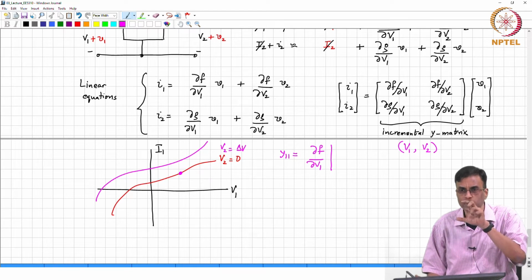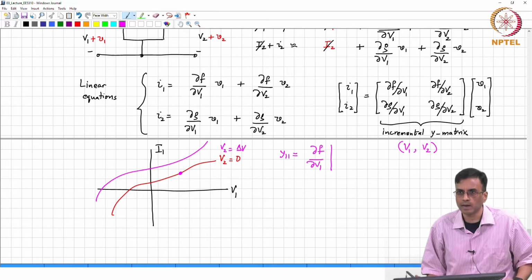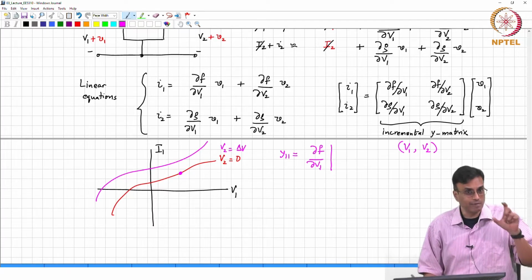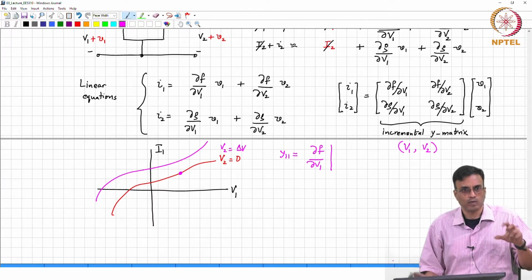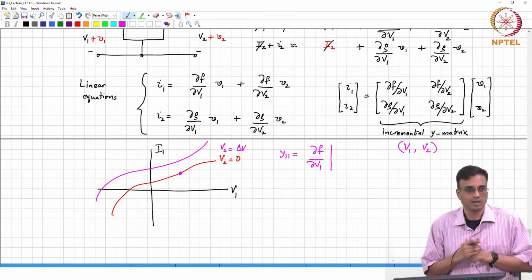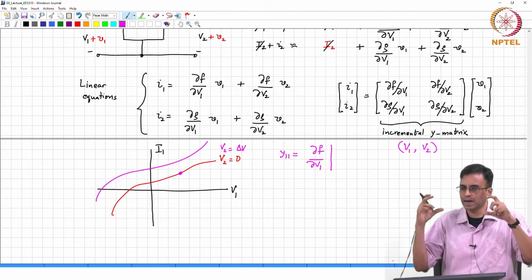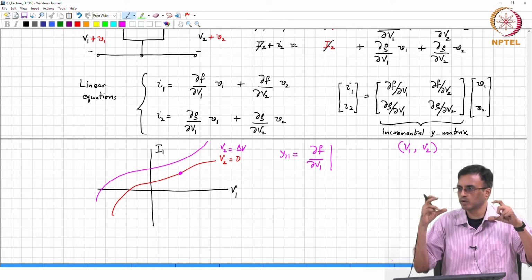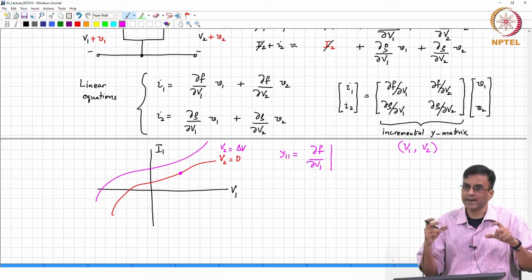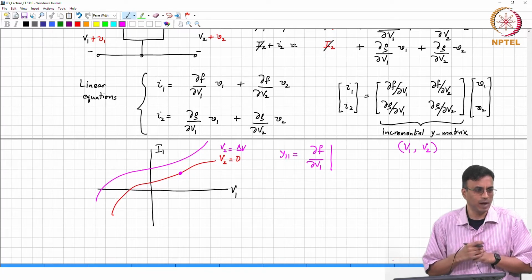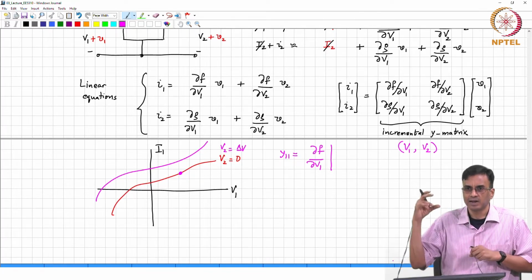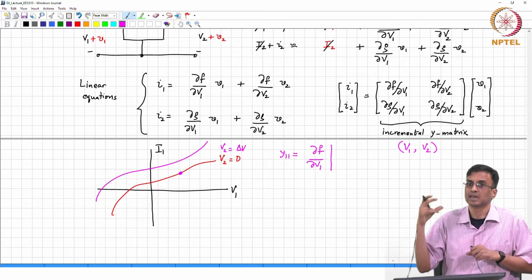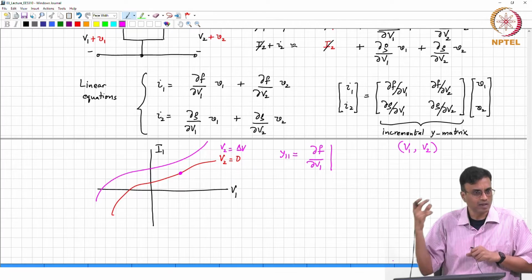What would be the absolute voltage at the output port? It would be capital V2, right. So, we will establish the operating point by applying a voltage of capital V1 at port 1 and capital V2 at port 2 to find the incremental y11. We will make sure that the incremental change in V2 is 0.